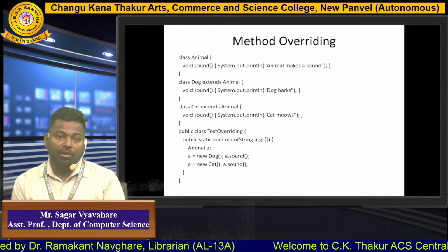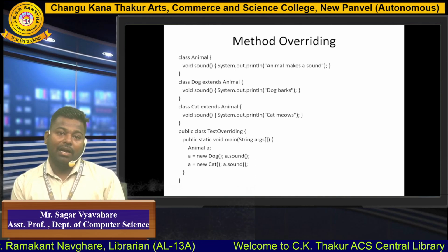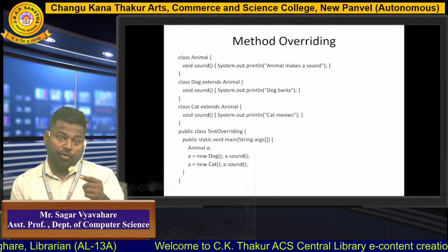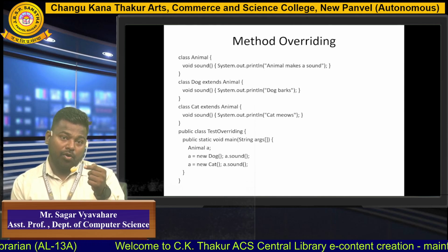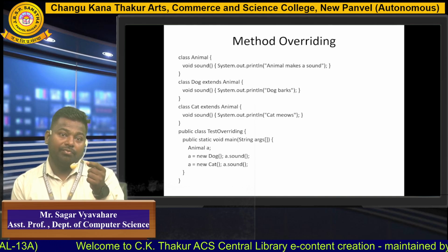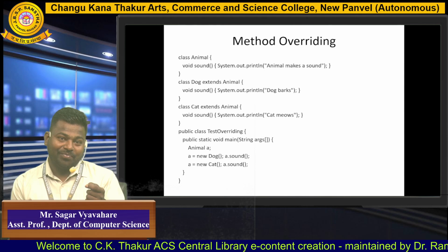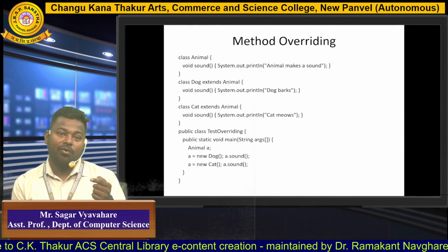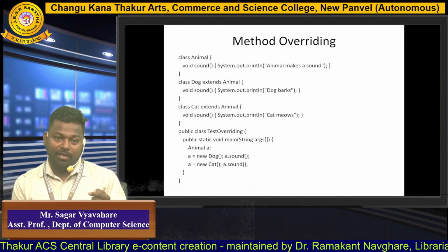Dog will print the message Dog barks, and Cat will print the message Cat meows. Okay? So you can see all of them have a method with the same name.